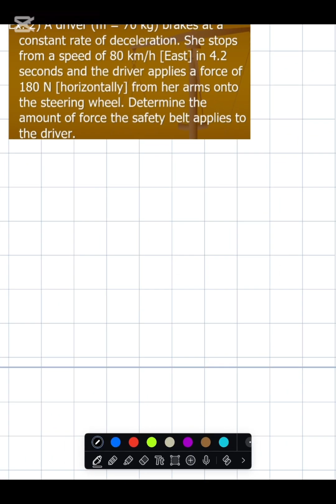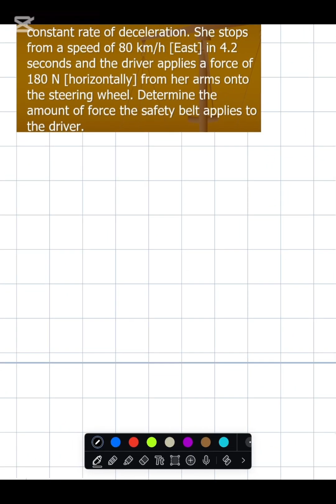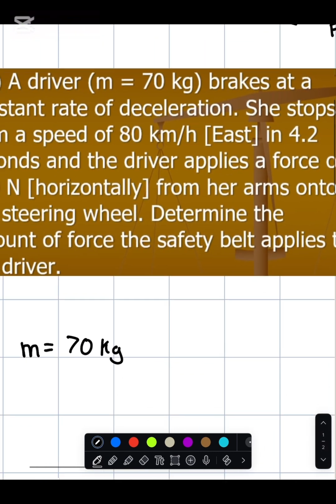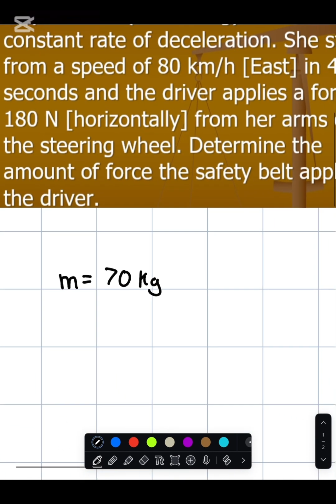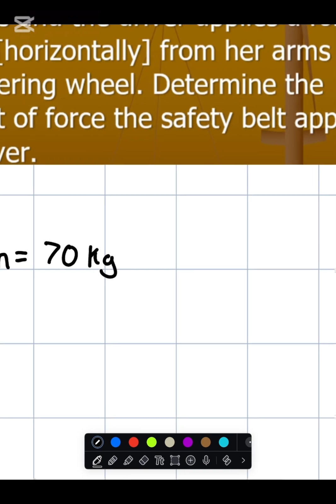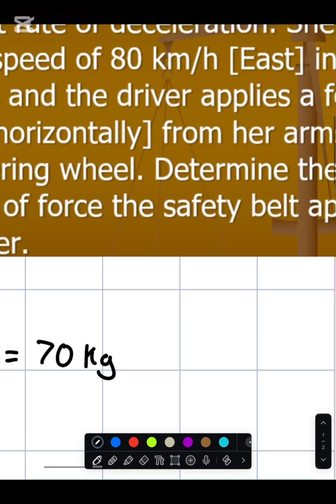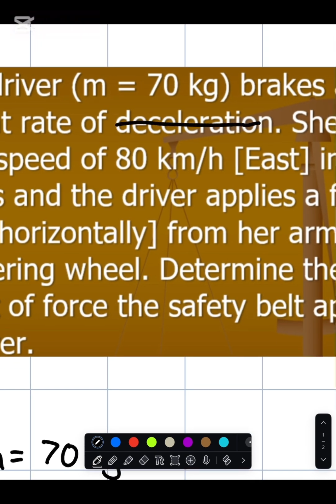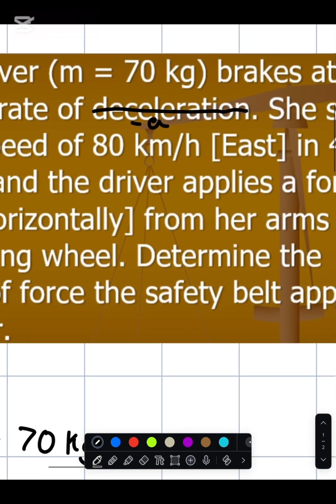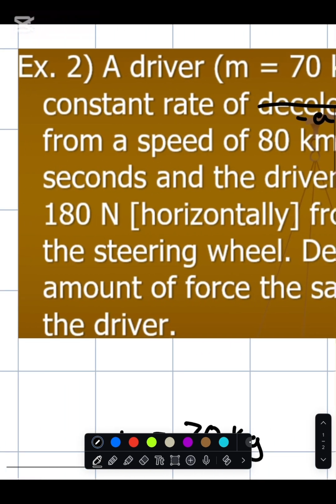All right, so for our next question, we are given the mass. Our mass will be equal to 70 kilograms. A driver brakes at a constant rate of deceleration. So remember, we stated that deceleration will be equal to A negative, right? She stops from a speed of 80 kilometers per hour east in 4.2 seconds.